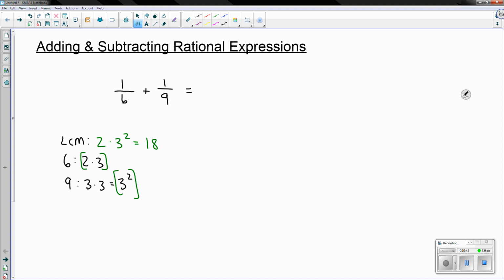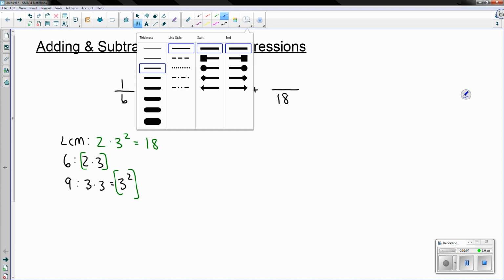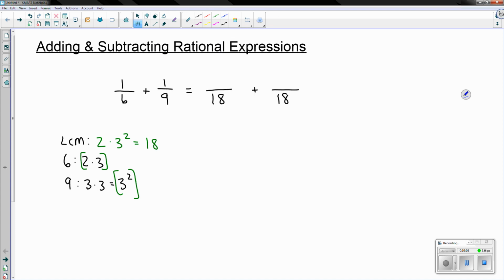Now that we've identified the common denominator as 18, we ask ourselves, if I'm going to go from 6 to 18, I need to make sure I adjust the numerator the same way. Going from 6 to 18 requires multiplication by 3, and therefore I must multiply the top by 3 as well.